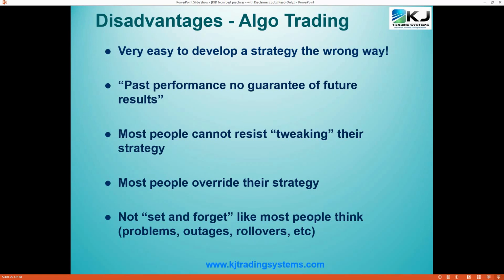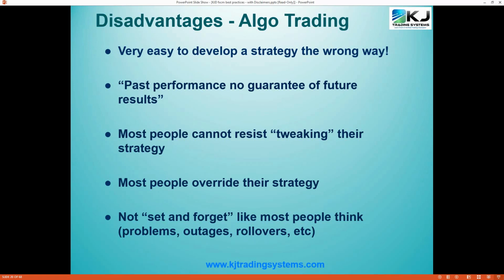So it's very easy to develop a strategy the wrong way, and we'll talk about that. Of course, just because you have a good back test doesn't mean it's going to work going forward. And that's kind of a paradox, because on one hand, algo traders rely on their back test to say something will work, but at the same time, it doesn't mean it will work.